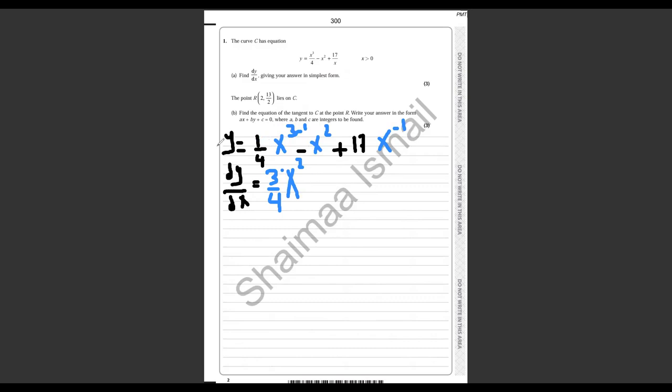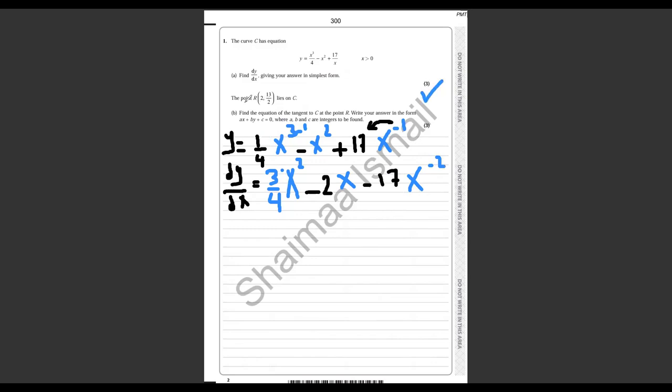Then minus, here it will be 2, then subtract the power minus 1, 2x. And we bring this negative 1 down, so it will be negative 17 multiplied by negative 1, and the power of x will be minus 1, so x to the power negative 2. Okay, and we did the derivative.